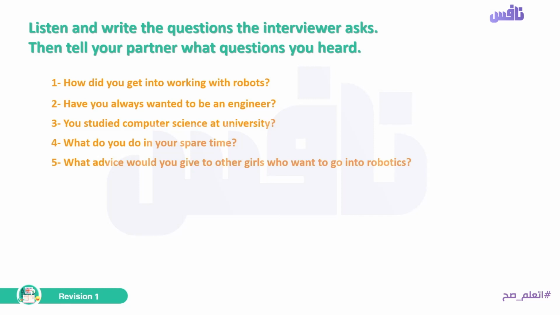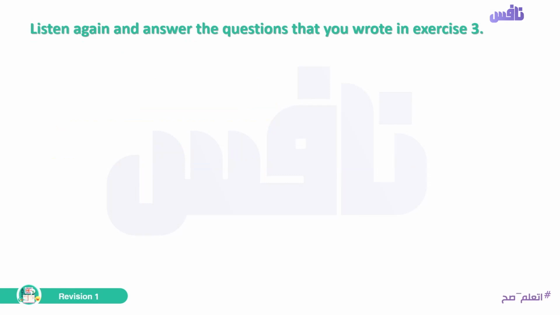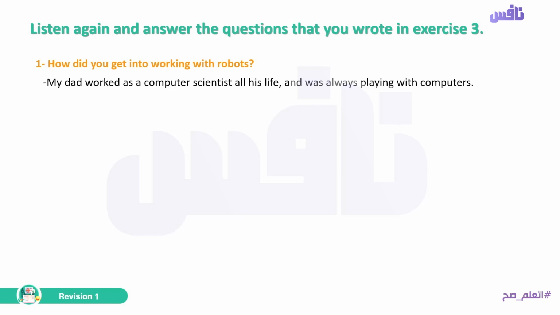Now let's think about the answers to these questions. It says: listen again and answer the questions that you wrote in exercise 3. Our first question was: how did you get into working with robots? Of course, the answer: my dad worked as a computer scientist all his life and was always playing with computers.